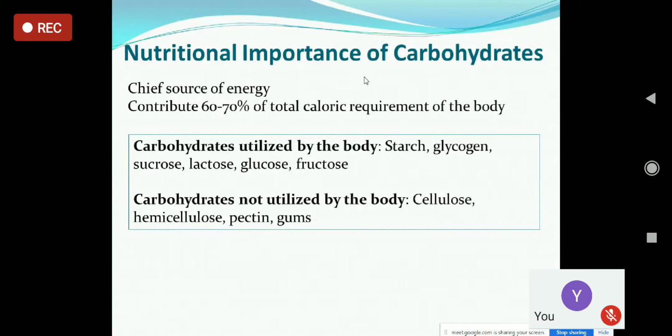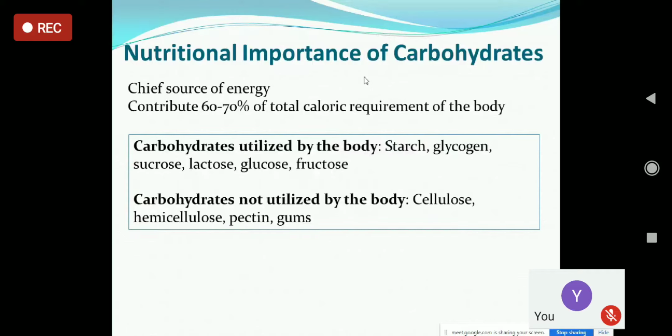Carbohydrates are the major sources of energy. When you take enough carbohydrate, it protects the protein. Proteins are not degraded, and glucose is the only source of energy for tissues like erythrocytes, and the brain also prefers to use glucose for generation of energy.